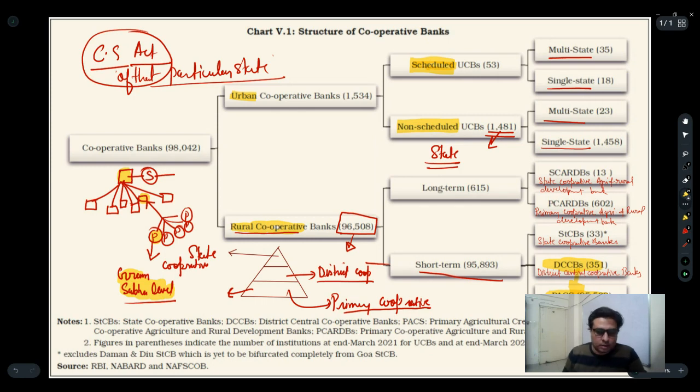And I think I didn't tell you till now, these cooperative banks, especially rural cooperatives, get a lot of financial assistance from NABARD, National Bank for Agriculture and Rural Development, at this level as well as this level, right?